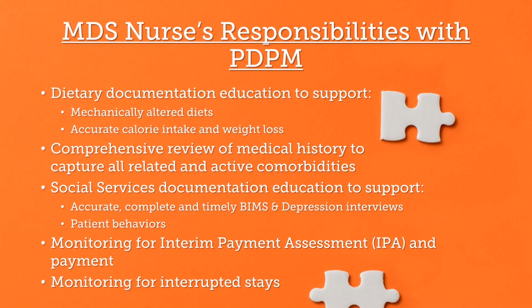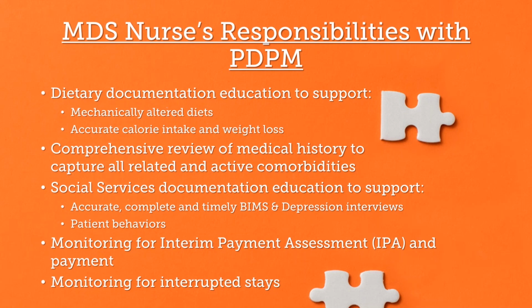The other thing that CMS has come up with is the interrupted stay. Because of this variable per diem rate on those first 3 days for the NTA, there was concern that it could incentivize providers to discharge and readmit patients to reset the variable per diem rate. We know those frequent readmissions don't assist our patients, so to mitigate this, CMS introduced the interrupted stay policy.